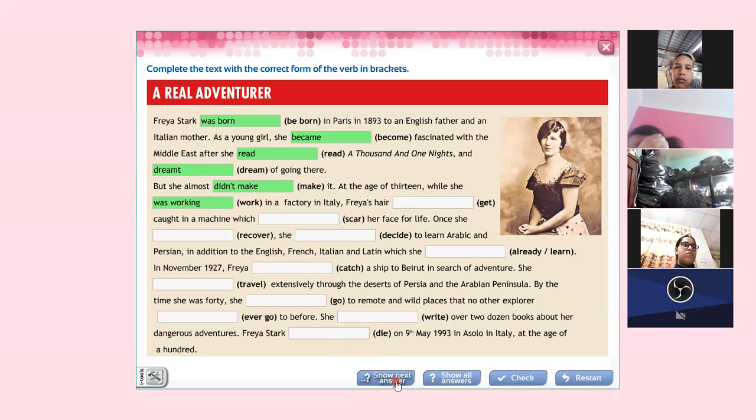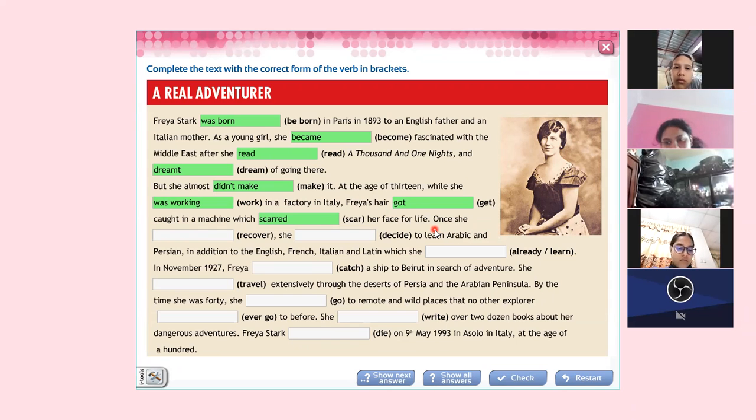But she was working in the factory in Italy. That's correct. Freya's hair got caught in the machinery, which left her face scarred for life. Thank you.